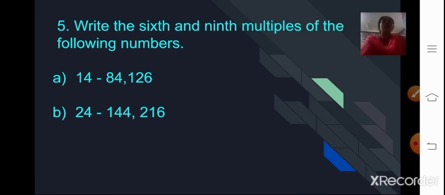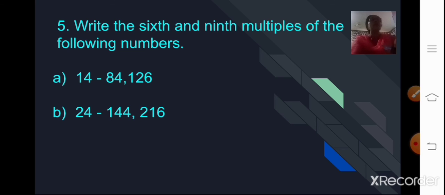Okay, now the fifth question is to write the 6th and 9th multiples of the following numbers. The number given is 14. This 14 you have to multiply by 6. When you multiply 14 by 6, you will get the answer 84.